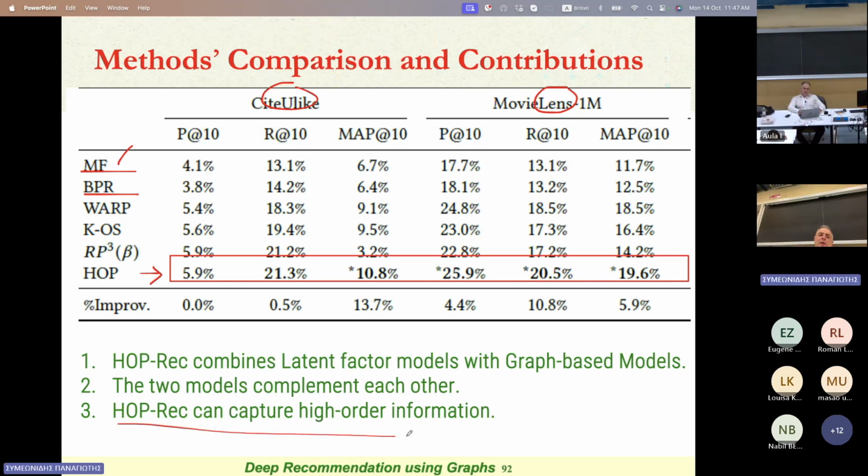So the authors of the paper claim that they can capture high-order information. By using these k-order random walks, they can incorporate into their model higher-order information, not only the adjacent nodes, but nodes that are far from the target node.